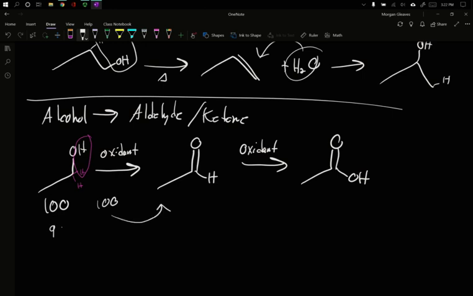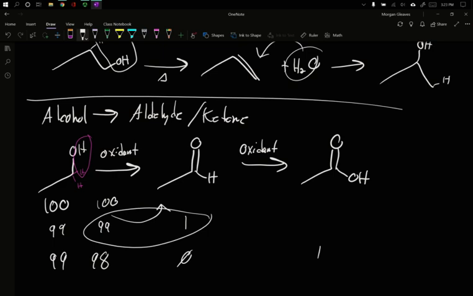So you have 99 alcohols, 99 oxidants, and 1 aldehyde. Well, the aldehyde will immediately steal 1 oxidant, leaving you with 99 alcohols, only 98 oxidants, 0 aldehydes, and 1 carboxylic acid. The net result is that at the very end, you'll have half your alcohol left, you'll have used all your oxidant, and you'll have everything converted to carboxylic acid.